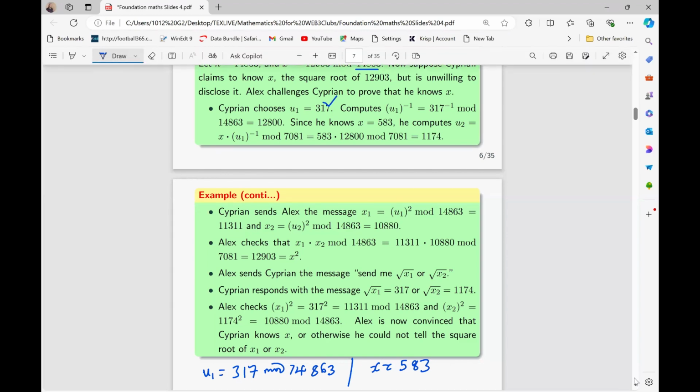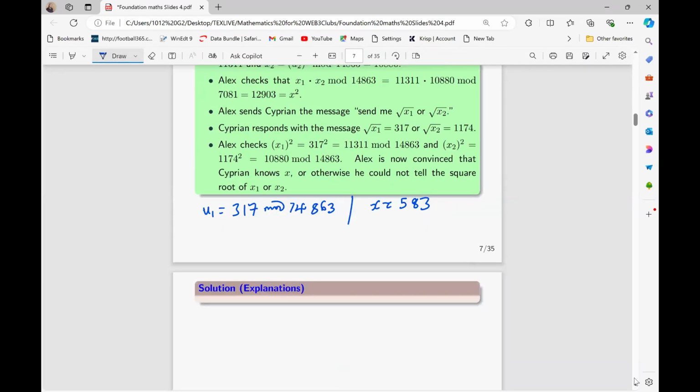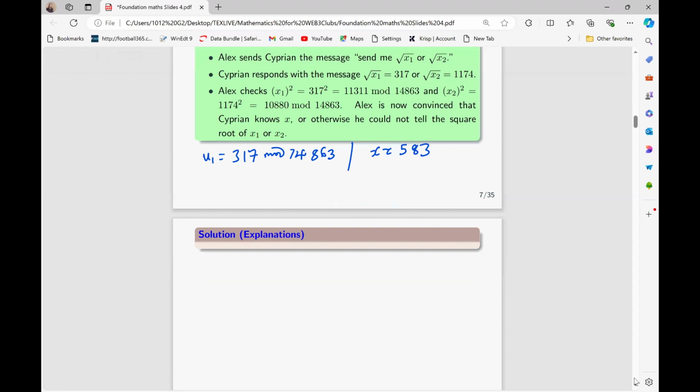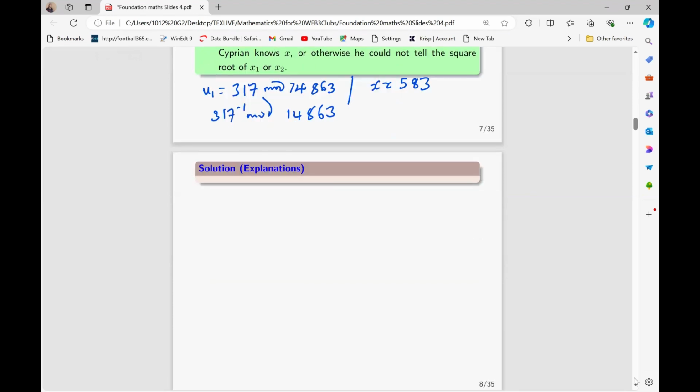Now, let's go to the process of proving that Cyprian knows. So Cyprian has this u1 and gets the inverse mod 14,863. Of course, he's using Euclid's algorithm.